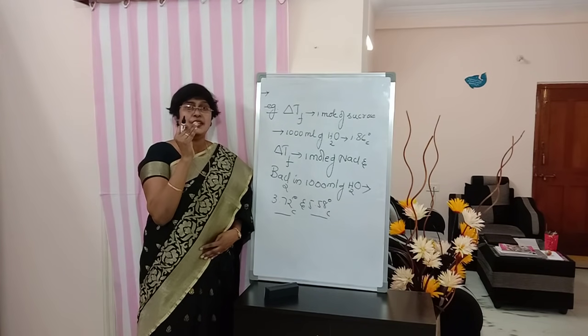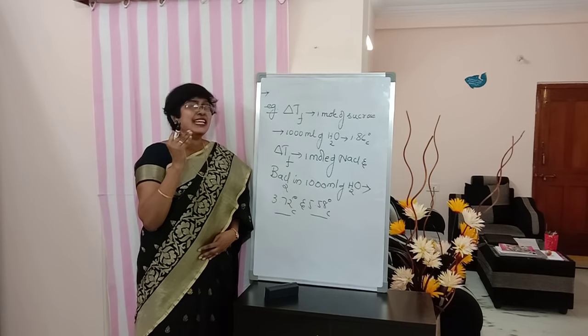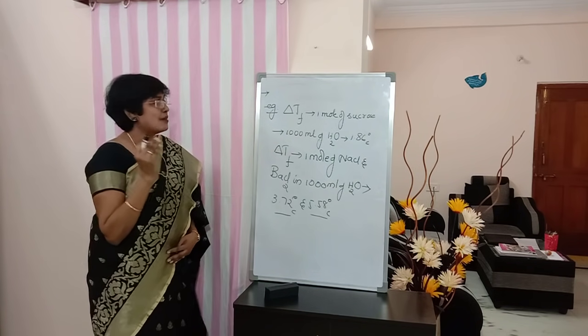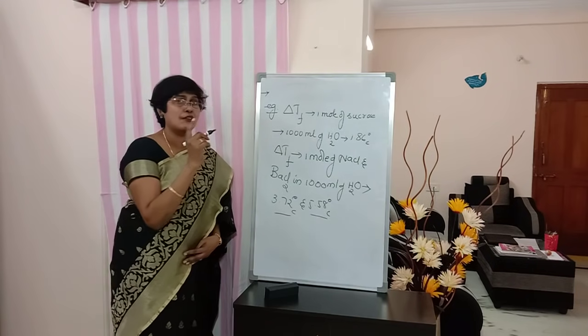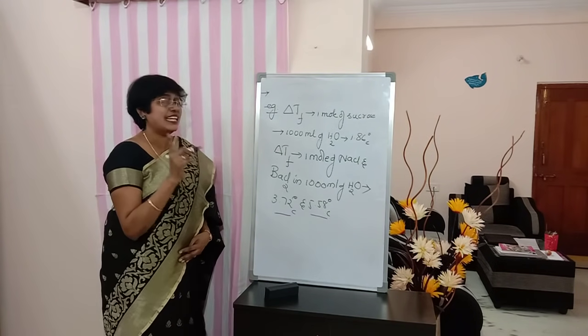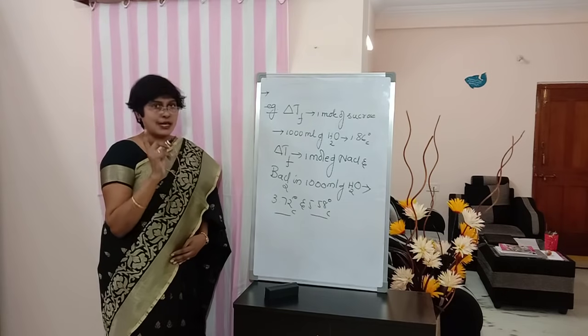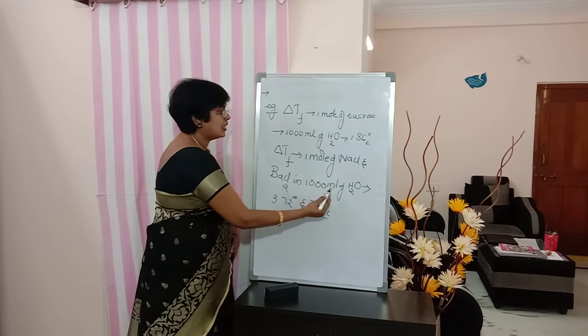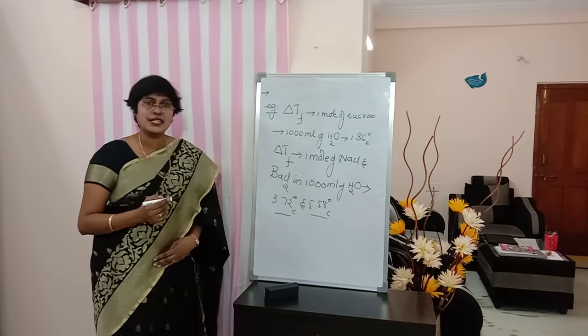Now I am giving you 3 values. So try to understand. Delta TF value of 1 mole of sucrose in 1000 ml of water is 1.86. Delta TF of 1 mole of NaCl in 1000 ml of water is 3.72.